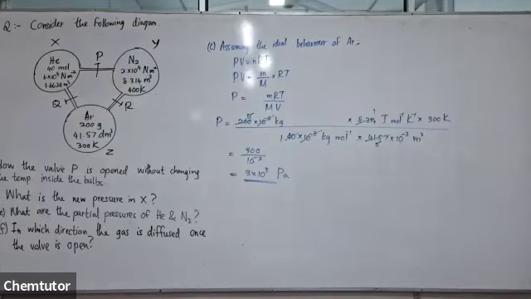So what is the law that we can use? Yeah, P1V1 equals P2V2. That law is called Boyle's law. You can consider one gas and you can apply Boyle's law.